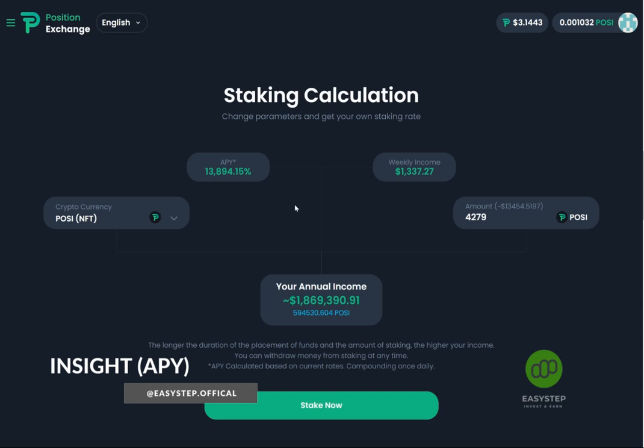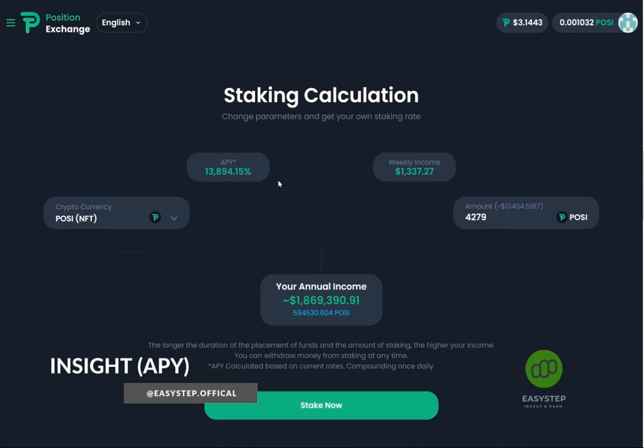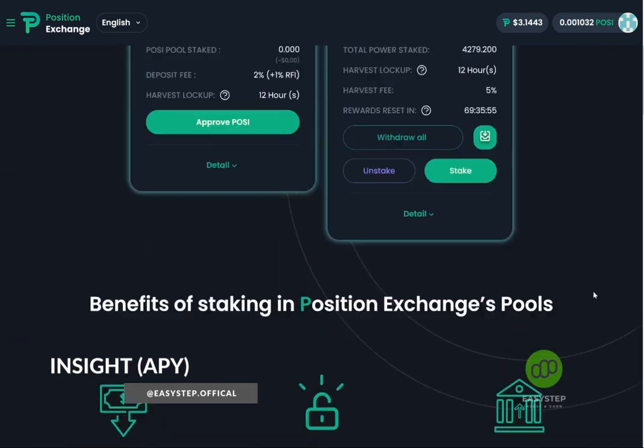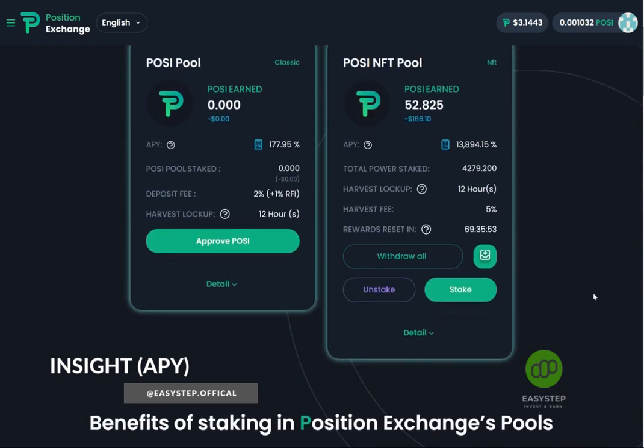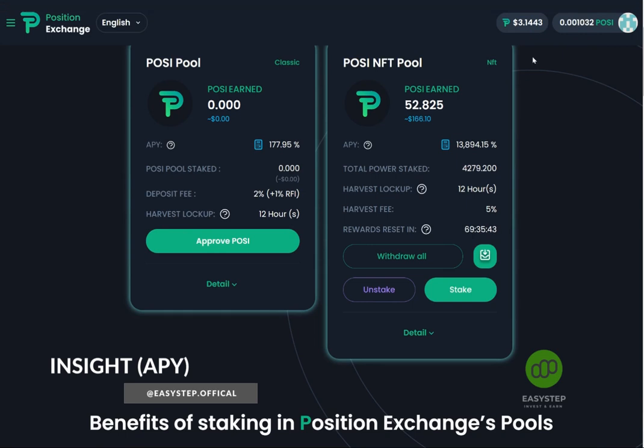So as more people come into Position Exchange and stake into the NFT pool and farming, the APY is going to get lower. But even though the APY drops, since more people are coming into Position Exchange, that means that the price of POSI is going to go up. Okay, so let's go over a quick example.